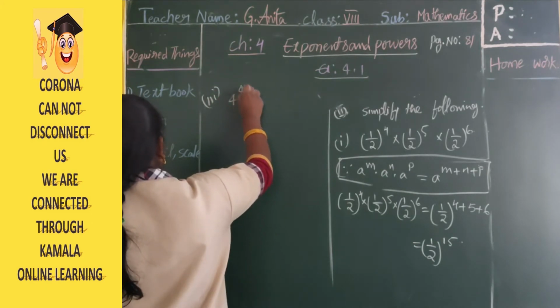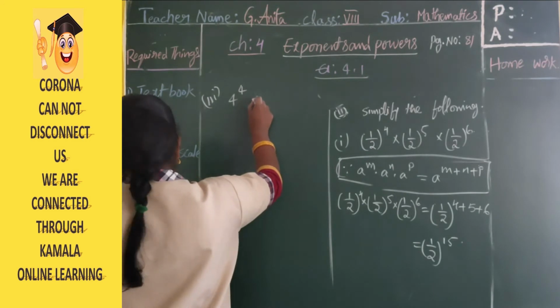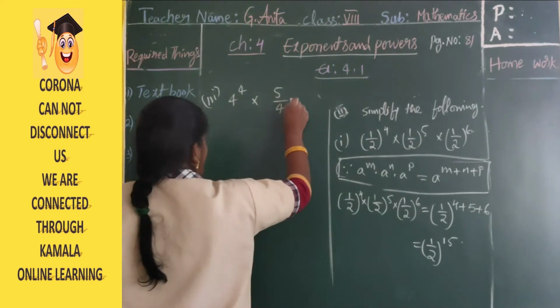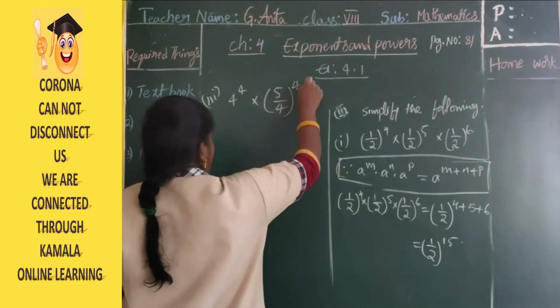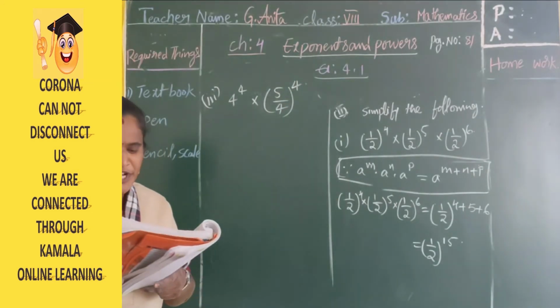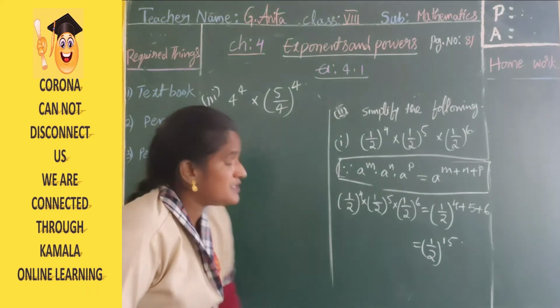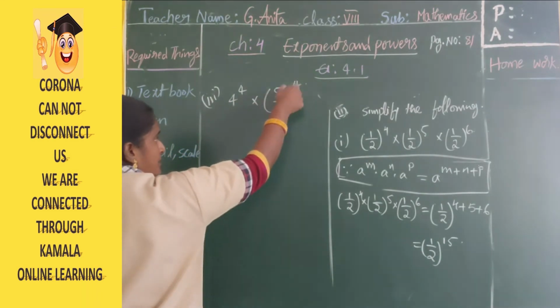4^4 into (5/4)^4. They are given. So first split out this bracket.